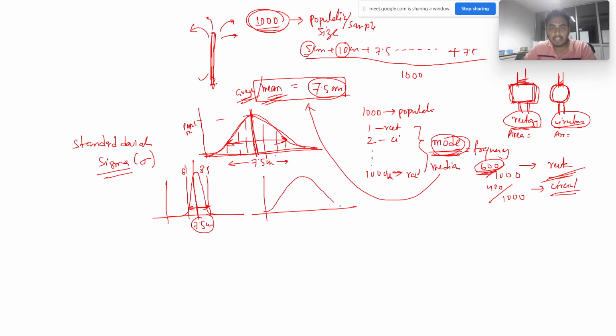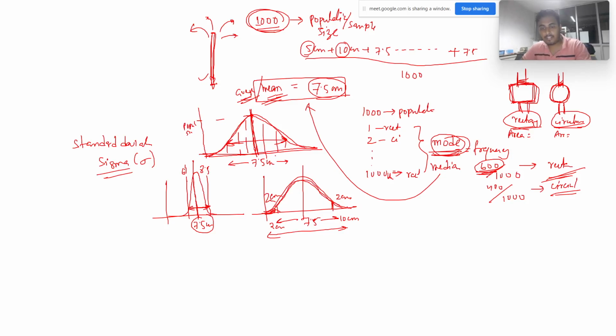Similarly, if something is a very flattened bell curve, that means 7.5 is the average for 1,000 people, but there are pencils which may be 2 centimeters. This is not length, this is the population size. And there are pencils with 10 centimeters. So that much variation exists in a particular measure.